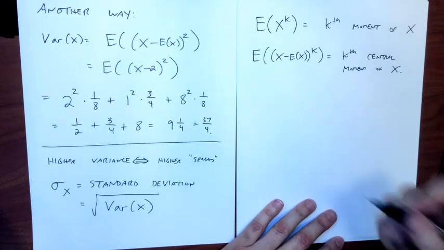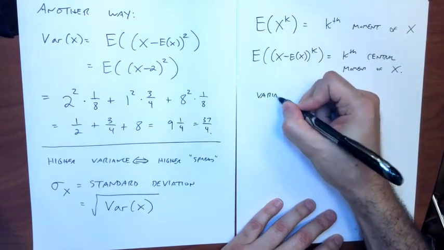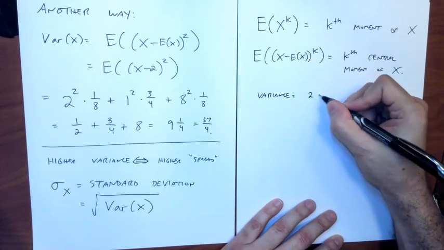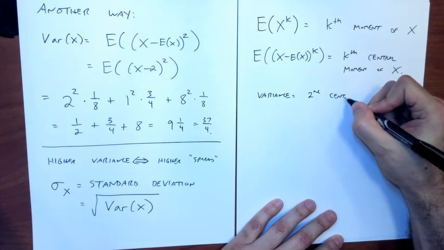So the variance is basically the same as the second central moment.